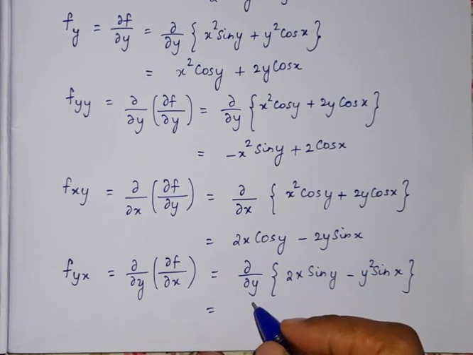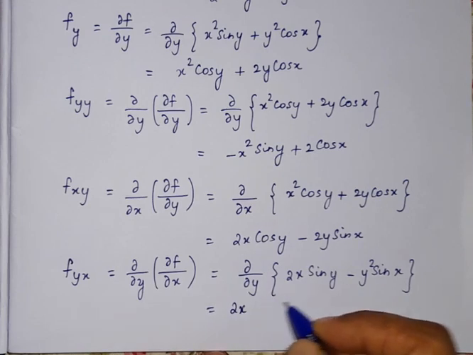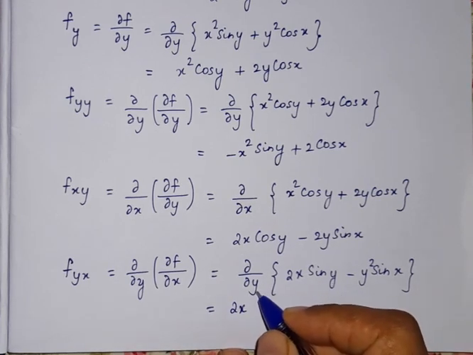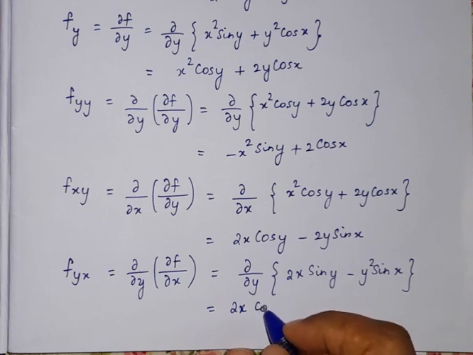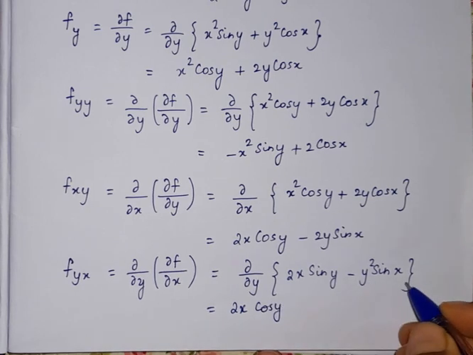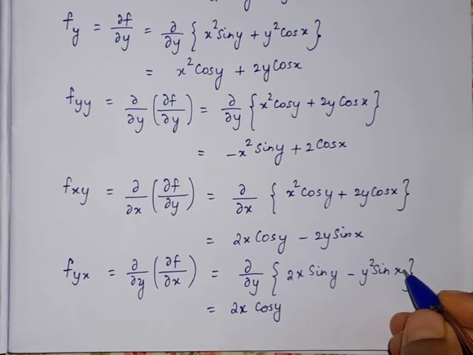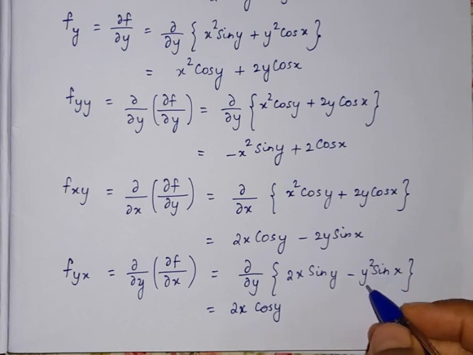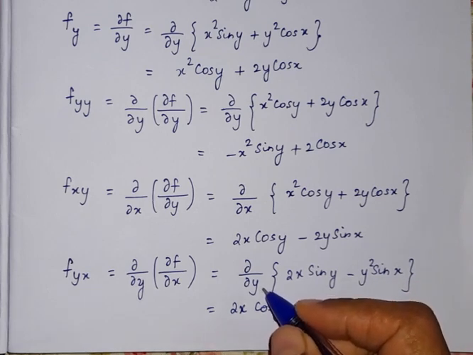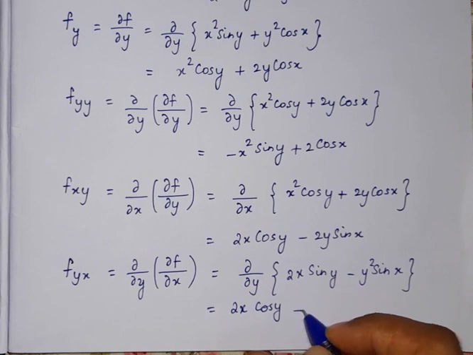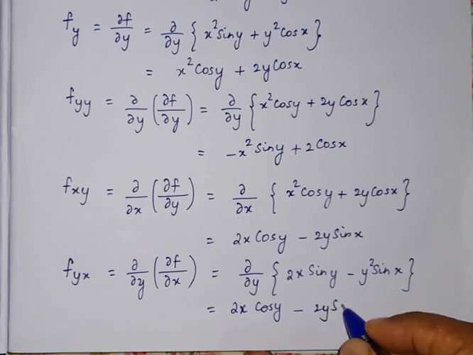So 2x will be the same. Sin y when you differentiate with respect to y gives cos y. In the second term sin x will be the constant value. Y square when differentiated with respect to y gives 2y. So minus 2y sin x.